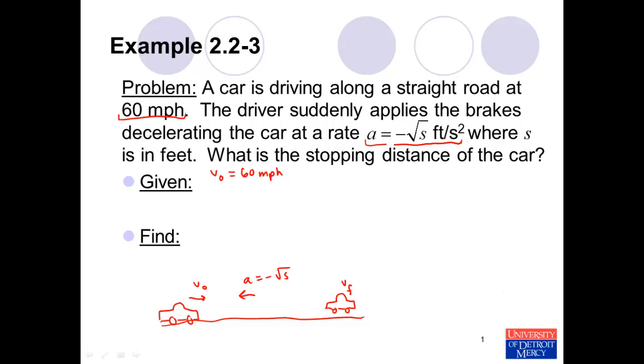And we want to know the stopping distance of the car. So the implication, if we're trying to find the stopping distance, is that the final velocity of the car is 0. It comes to rest. And again, the acceleration is equal to negative square root of s feet per second squared.